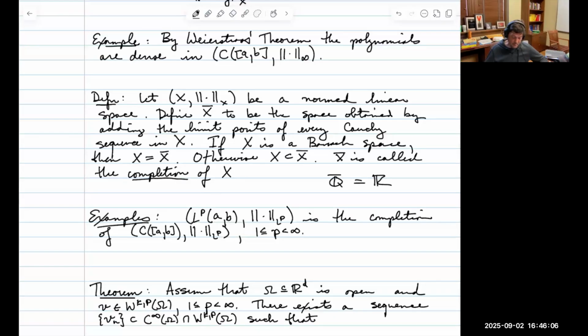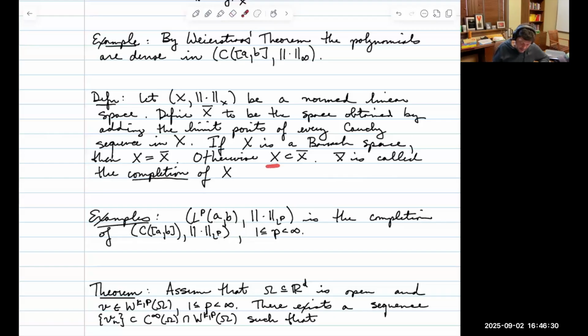Now, interestingly here, this set Q is going to be dense in its completion. So we always have this. I guess I should have said it earlier; I actually want to make that point.